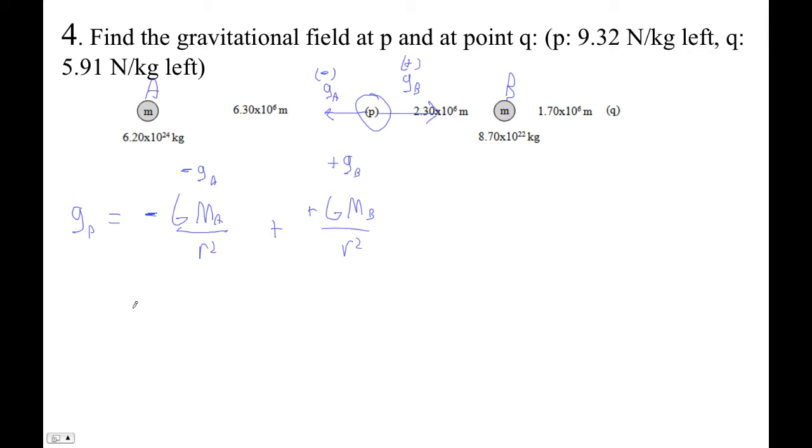So negative 6.67 E minus 11 times 6.2 E24 divided by 6.3 E6 squared. The minus sign just comes from the fact that I want that gravitational field to be to the left.